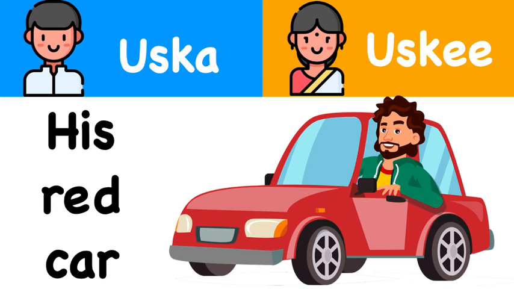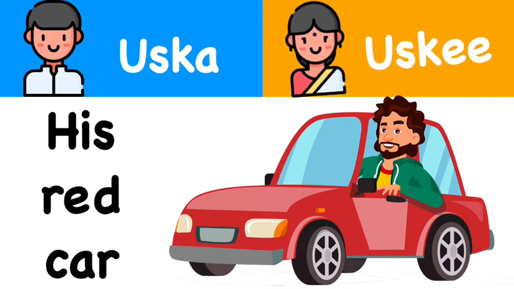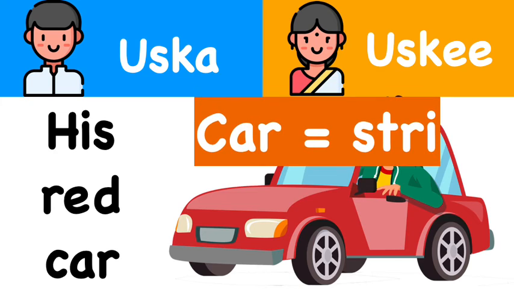All right. What about this one? His red car. Would it be uska or uski? It would be uski. Why? Because again, car is a stree word. So to say his red car, we say uski lal gadi. Now, does the color word lal inflect? No, it doesn't.